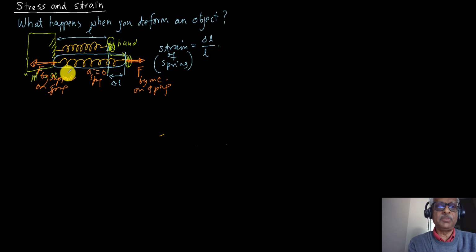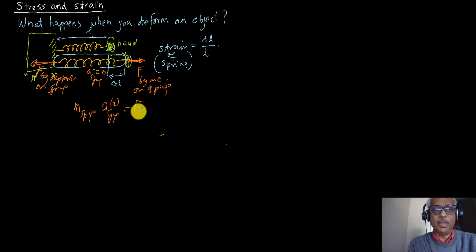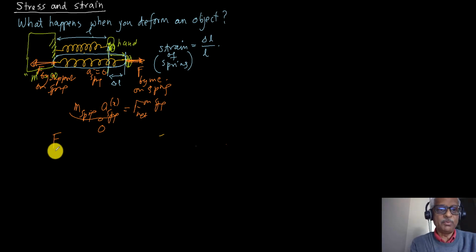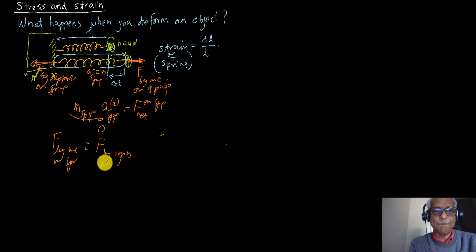So if I were to take the spring as m spring, acceleration of the spring along the x-axis equals F net on the spring. There will be this force and this force, and so this side is going to be 0. So these forces will be equal and opposite. So F by me on a spring will be equal in magnitude to F by support on a spring.